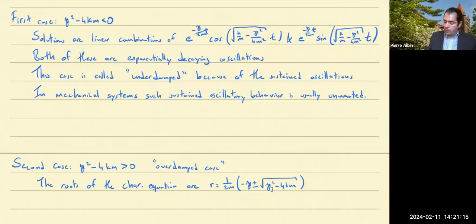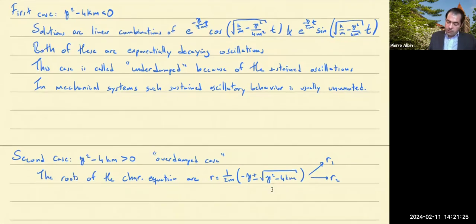So when you take the plus sign, let's call it R1. When you take the minus sign, let's call it R2. So these are two distinct, necessarily negative numbers.